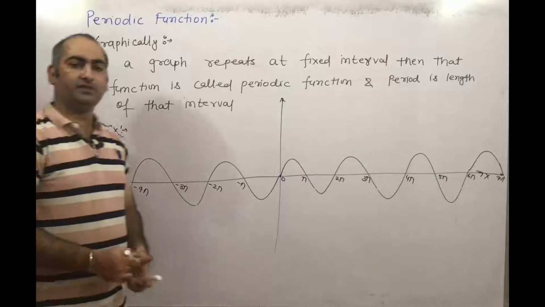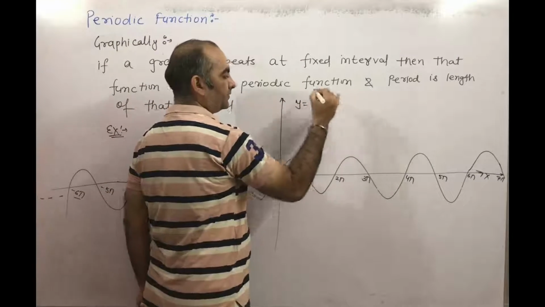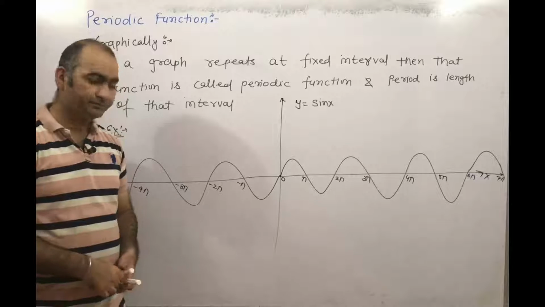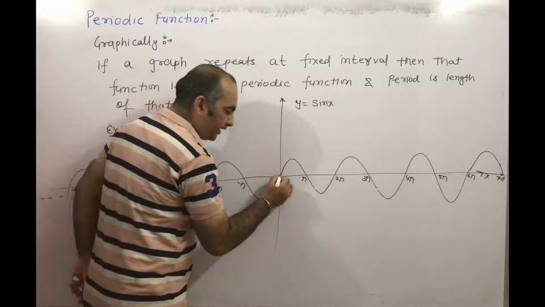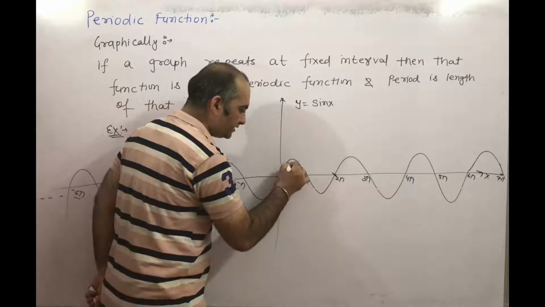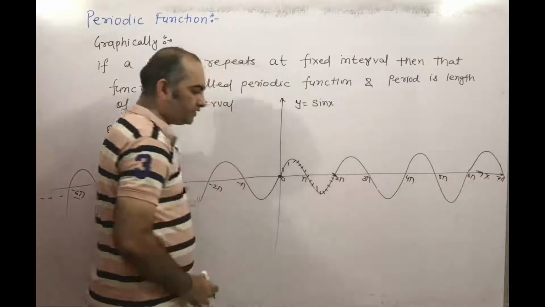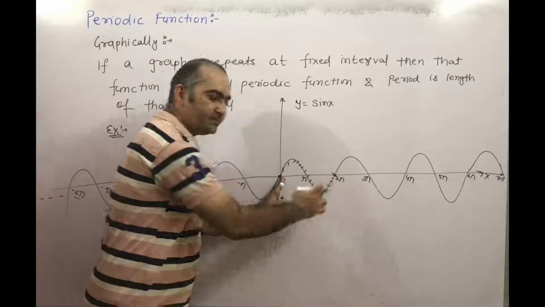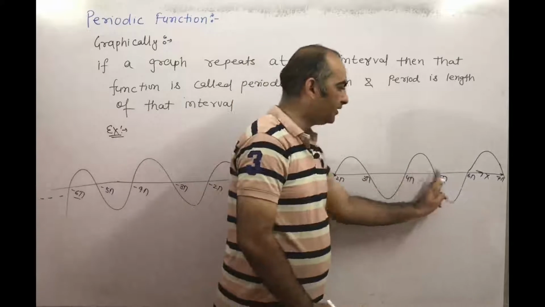Now here, this is the y equal to sin x graph. If we see this graph, 0 to pi, if I take this interval, what is the graph? This graph here. You can see from 0 to 2 pi, the same graph is repeating 2 pi to 4 pi, same graph is repeating 4 pi to 6 pi.